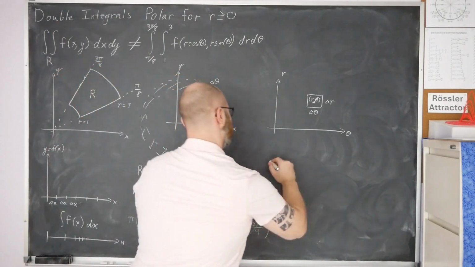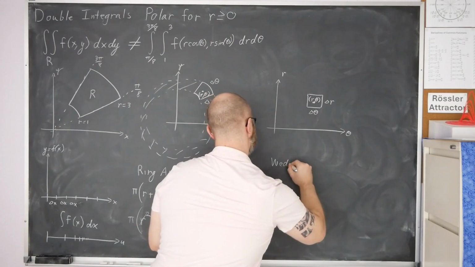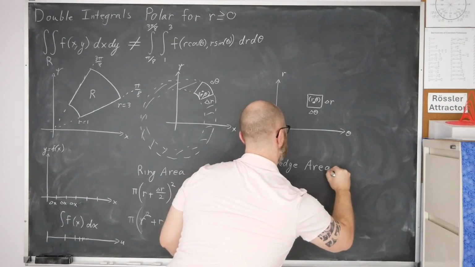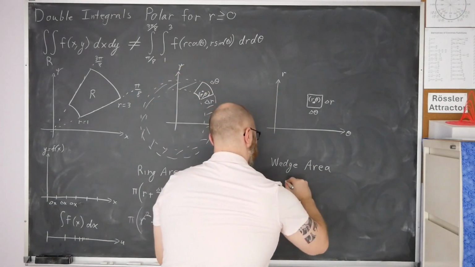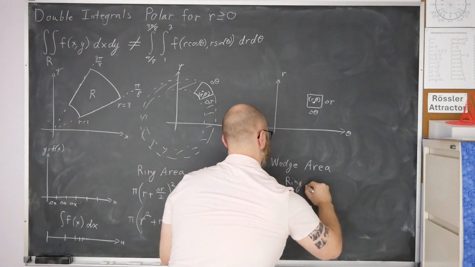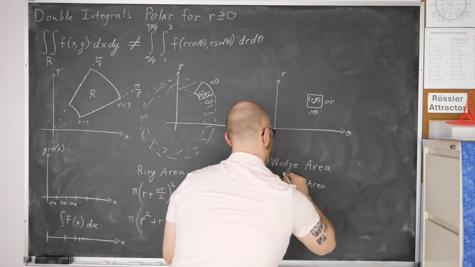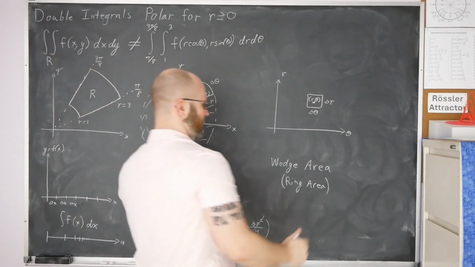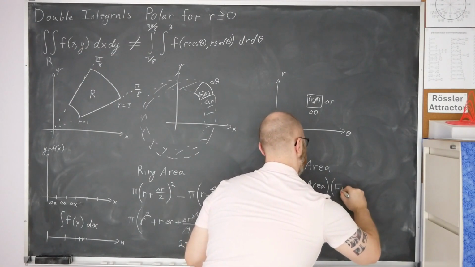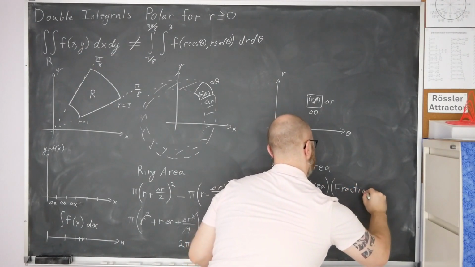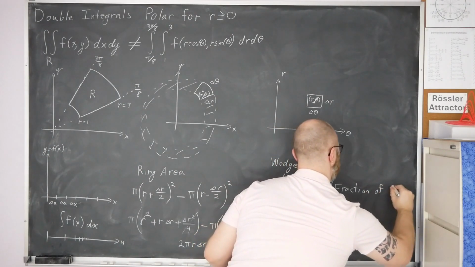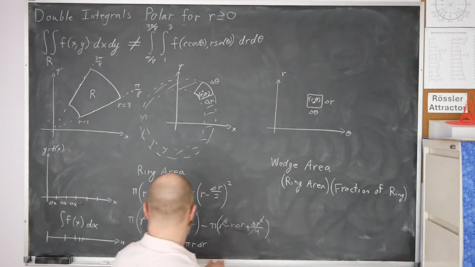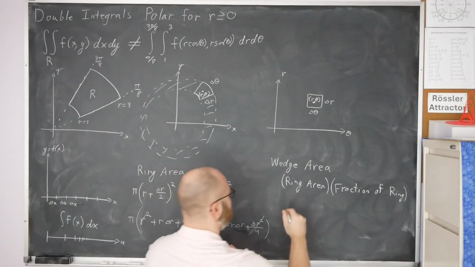So the wedge area is going to be the ring area times the fraction of the ring. Well, the ring area is 2 pi r delta r.